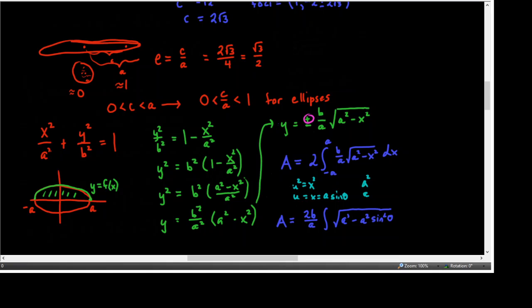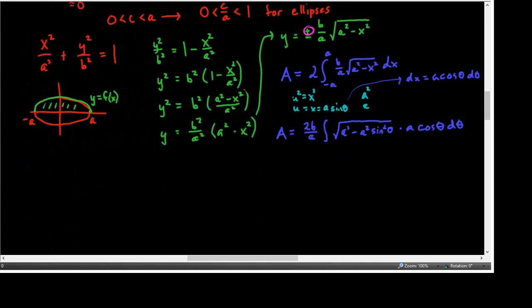And there's a piece I forgot to do, so I better do it over here. And dx is a cosine theta d theta. So times a cosine theta d theta.